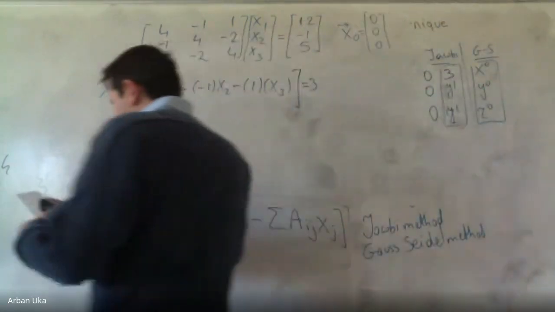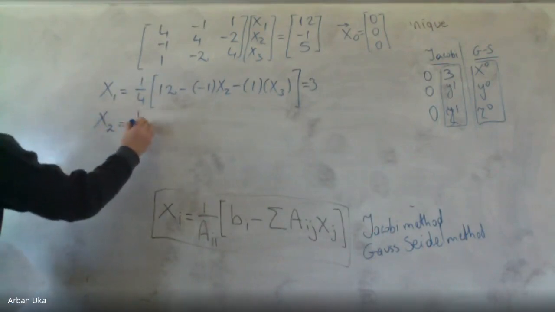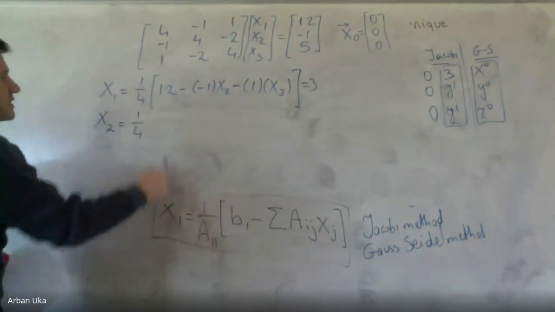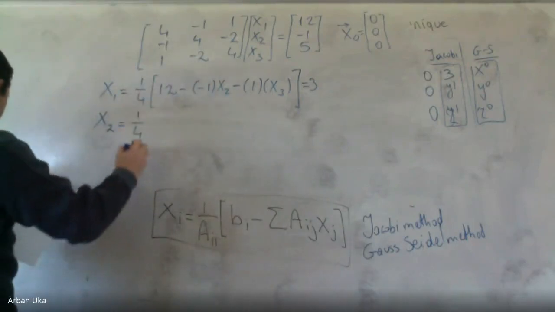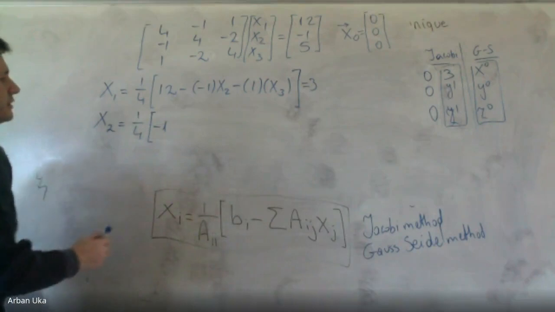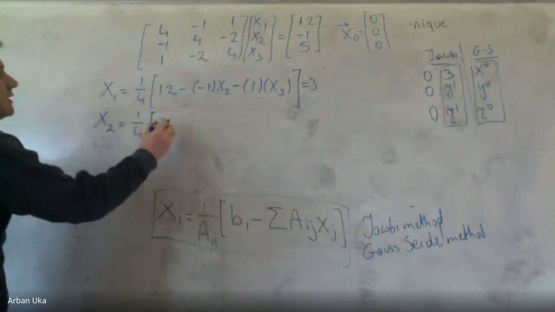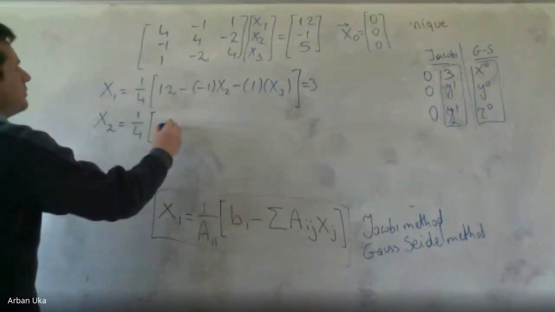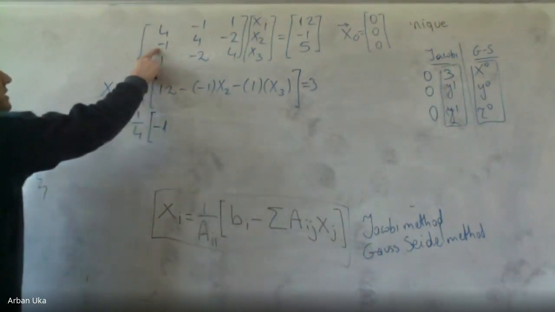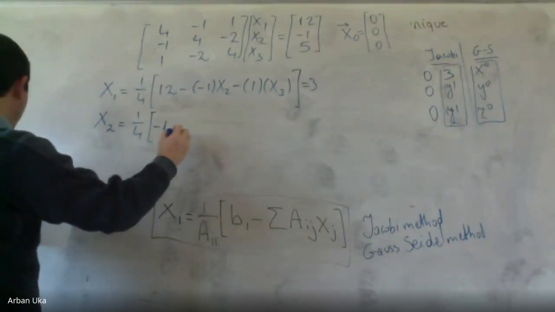Then x2 is going to be equal to, again, 1 over 4, because this is the coefficient in front of it, and we have b2, which is minus 1. Then, if you take this minus x1 from the other side, it's plus x1.